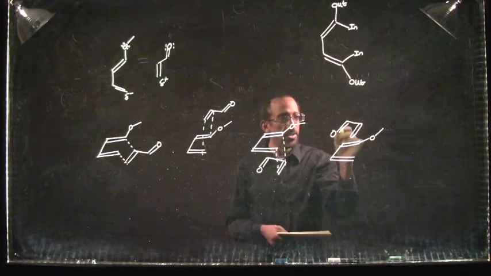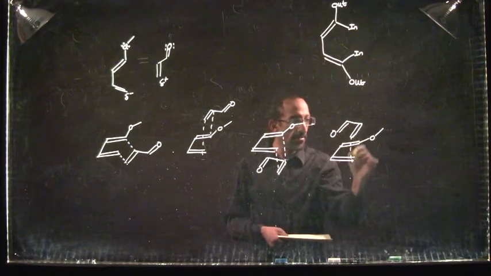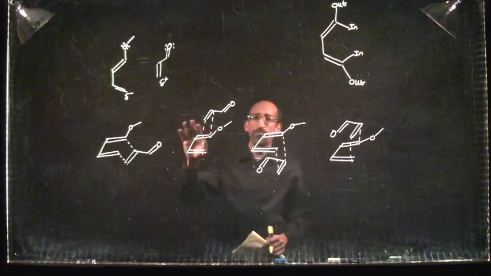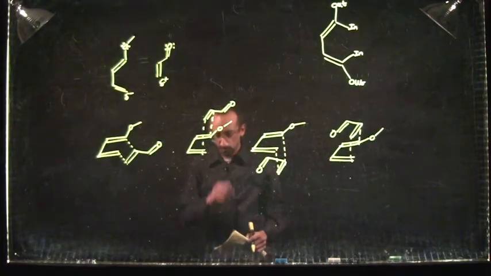And we've put this carbonyl group above the sigma bond of the diene. So these are the 4 possible transition states.